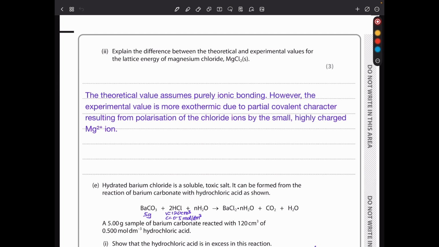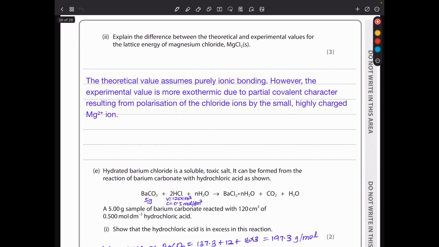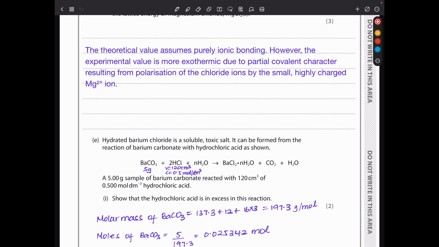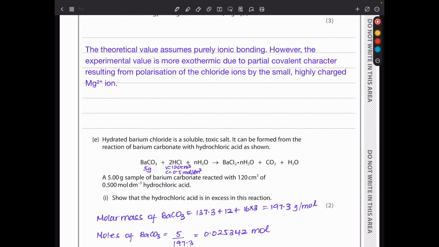Then explain the difference between the theoretical and experimental values for lattice energy of magnesium chloride. The theoretical values assume pure ionic bonding, like we already saw. However, the experimental value is more exothermic due to partial covalent character resulting from polarization of the chloride ion by the small, highly charged Mg2+ ion.